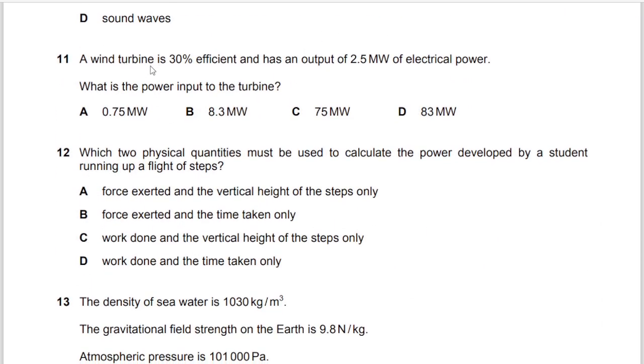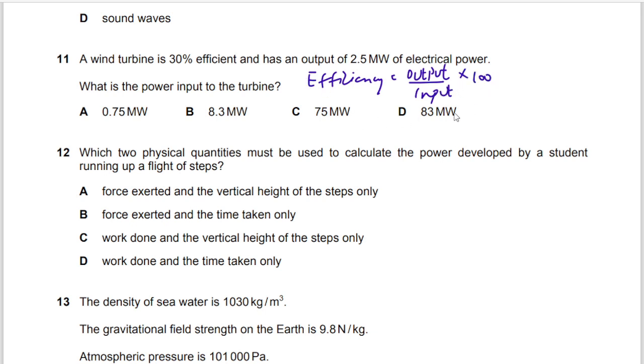Now next, a wind turbine is 30% efficient and has an output of 2.5 megawatt of electrical power. What is the input? If we use the formula for efficiency, efficiency equals output upon input into 100.